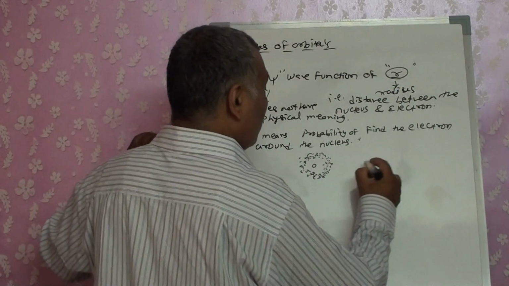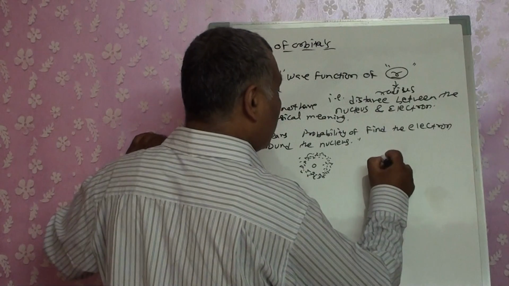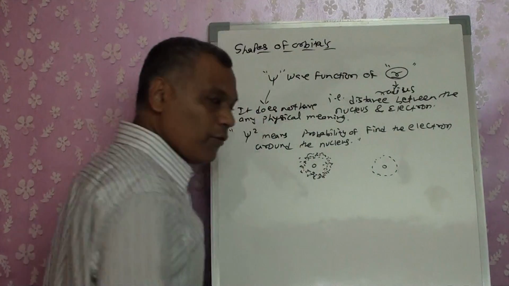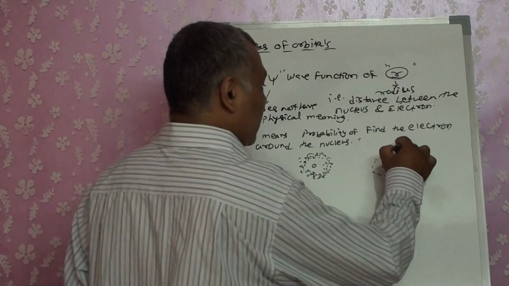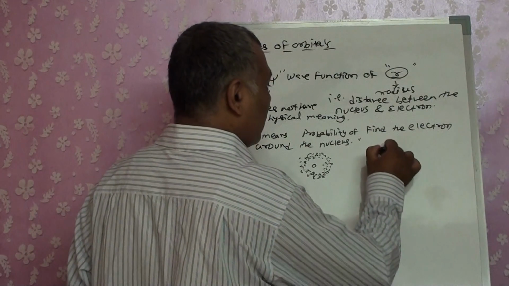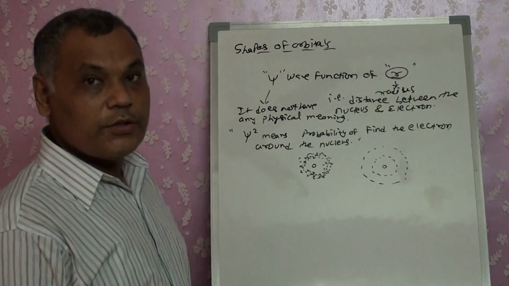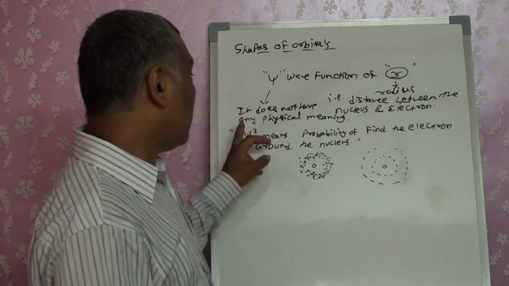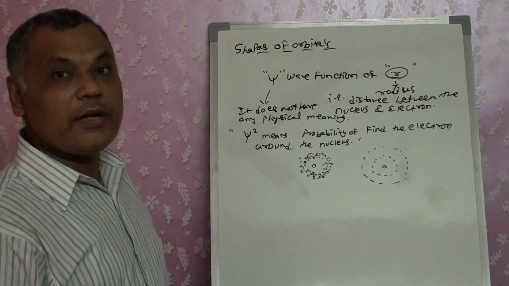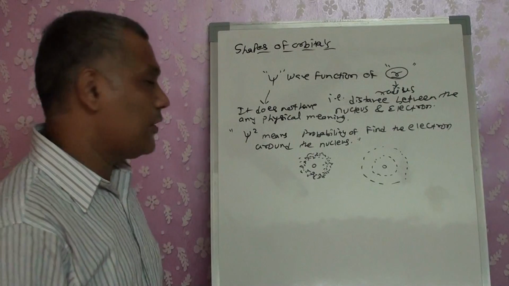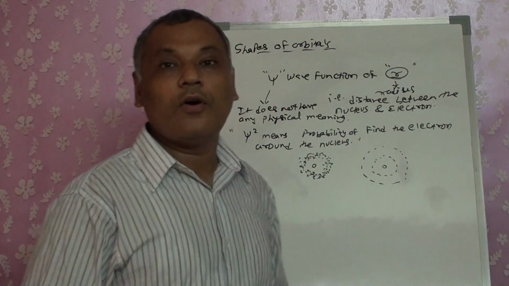Every time around the nucleus we are not going to get the same probability. If suppose for the first orbital I am getting it over here, then for the second the probability might be somewhat away from the nucleus. So wherever we get the probability of finding the electron, we consider it as an atomic orbital.